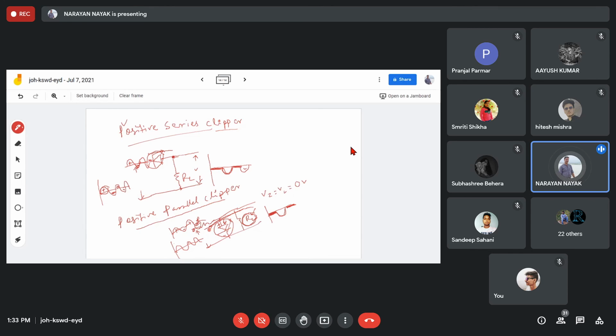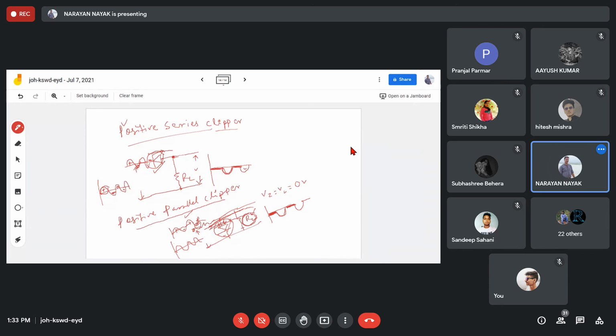So the voltage available across the load is the input voltage. So this is about your positive clipper. It's a series and this is your parallel. You got it?